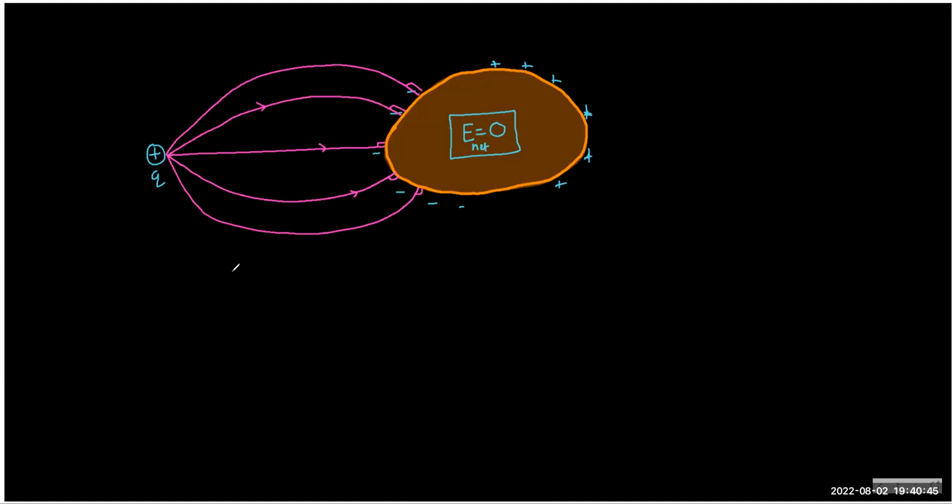So the lines of force will emerge from the plus charge and will terminate perpendicular to the surface of the conductor. This is something you have to be very careful about. Any angle other than 90, if shown in the options while solving a question in an examination, means it is incorrect.